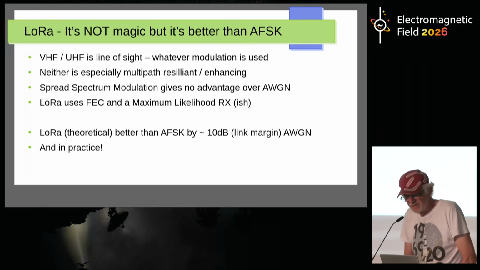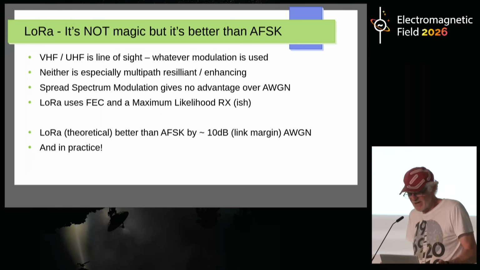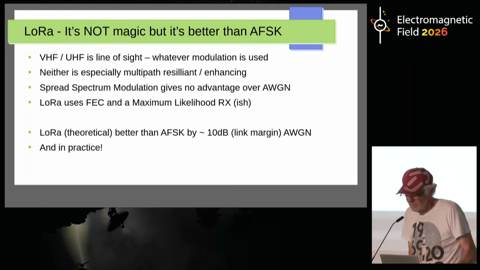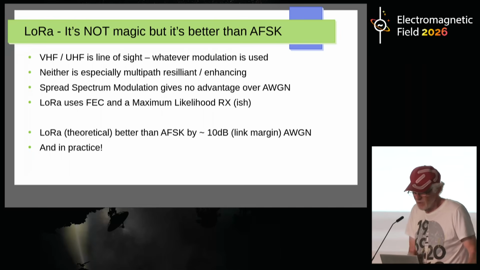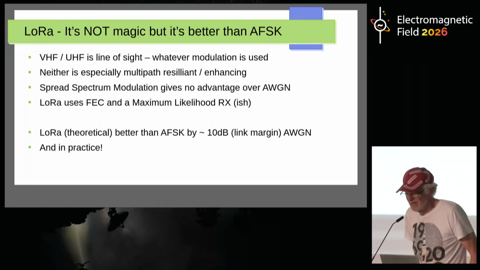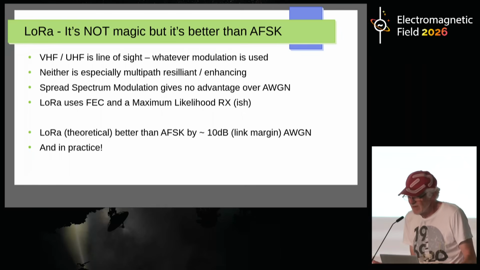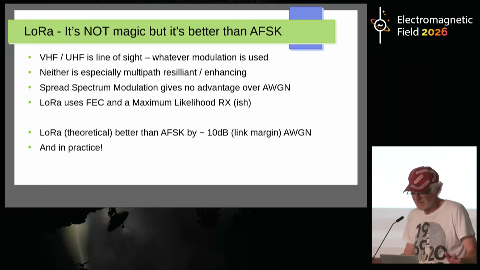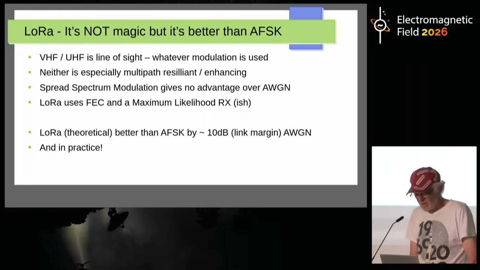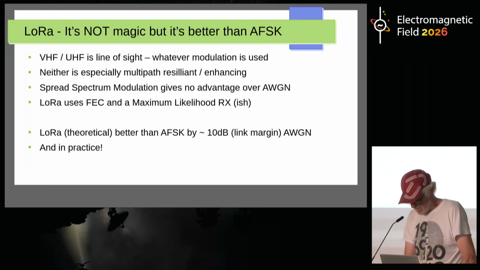The other input, on the theoretical front, as we saw, 14 dB versus 4, that's a 10 dB difference, which equates to 10 times in the power, albeit over an additive white Gaussian noise channel, which is not very representative of a mobile environment, but it's a pretty good start. So that is my conclusions and some of the reasons why it is better.